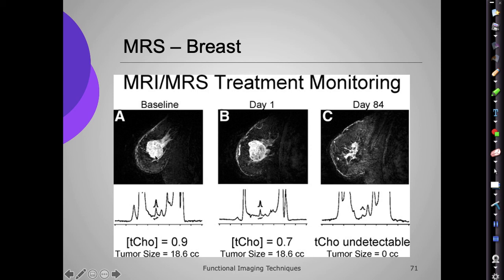But as this cancer is being treated with either chemotherapy or radiation therapy, I don't know exactly what type of treatment was used, you can see as they scan after these treatments, the tumor size does start to decrease to the point where it becomes undetectable, where the tumor has actually gone down to 0 by day 84, and then you can see that the T-choline metabolite level has dropped down considerably.